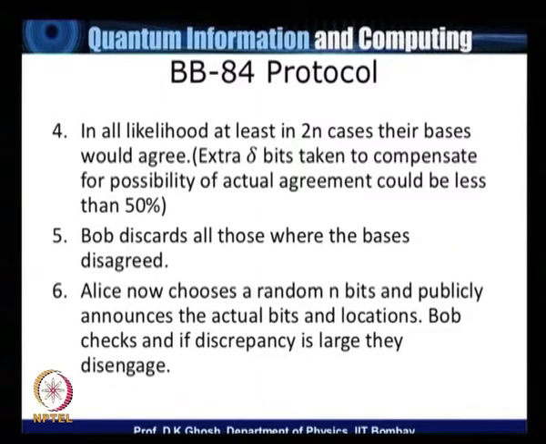Now what happens is that Alice and Bob have a set of bits, the number is 2n, and in the ideal case where there is no Eve, the bit sent by Alice and the bit received by Bob must agree. So at this stage, what Alice does is this, she picks up a random sequence of n bits out of that. Remember, I started with 4n plus delta, we now have at least 2n.